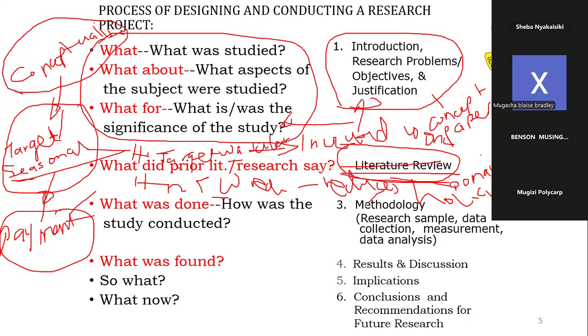Then the third chapter would be the methodology. What methodology do I intend to use? You start normally with what approach, because remember we said approach produces the method. What's the general approach? Do I want to do purely qualitative? Do I want to do purely quantitative? Do I want to do mixed method?